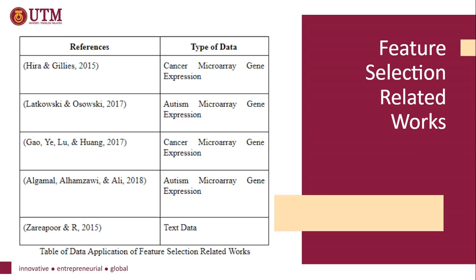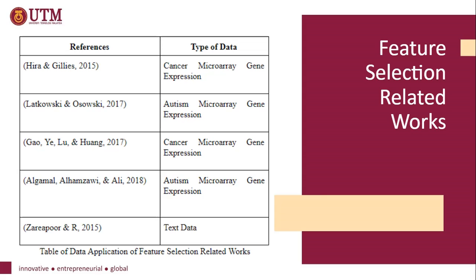Next is feature selection related works based on the type of data. As you can see in the table here, microarray gene expression seems to be one of the most commonly used when it comes to selecting the most significant features by using feature selection. There are 4 research that are using microarray gene expression with 2 different types of disease, which are cancer and autism.